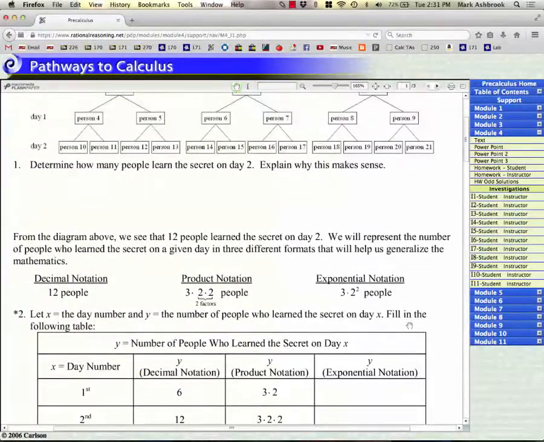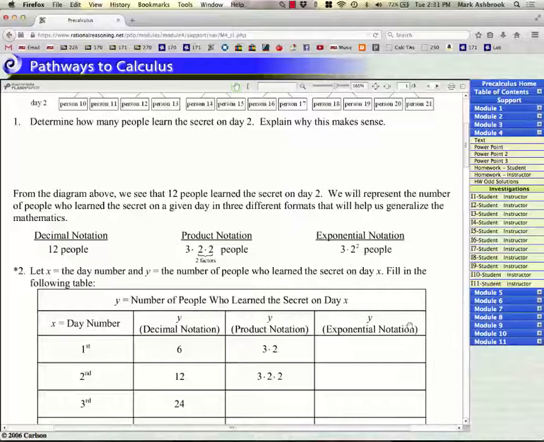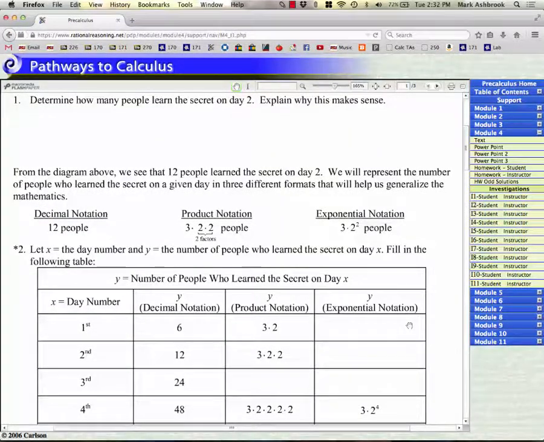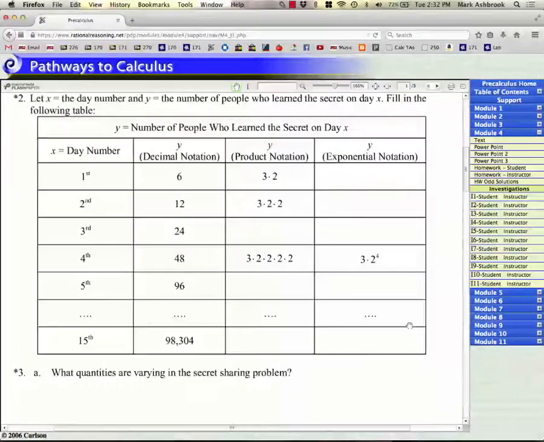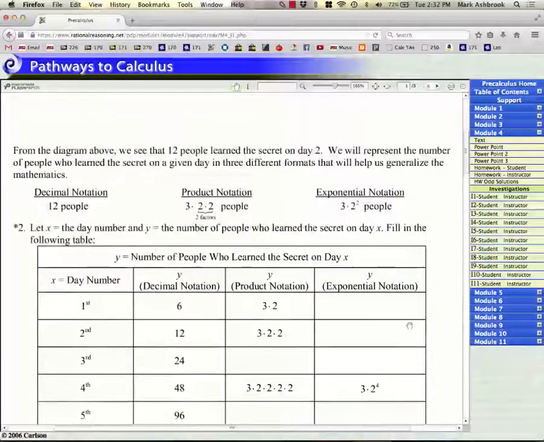So 1 is determining how many people learn the secret on day 2, and then fill out the table. Or let's just do this first question.